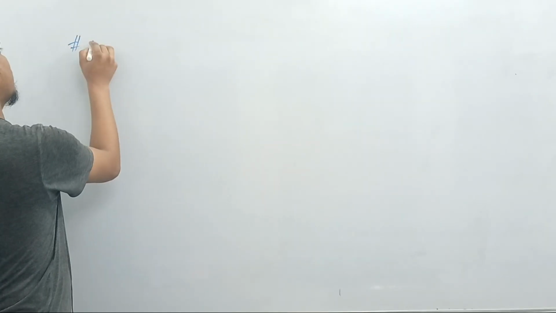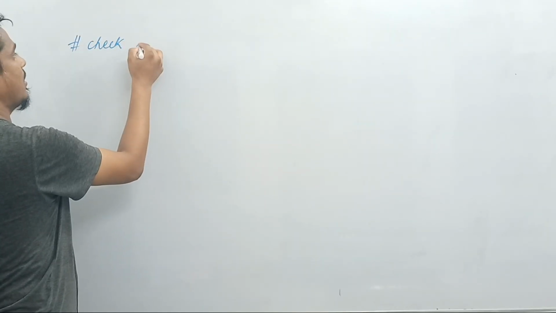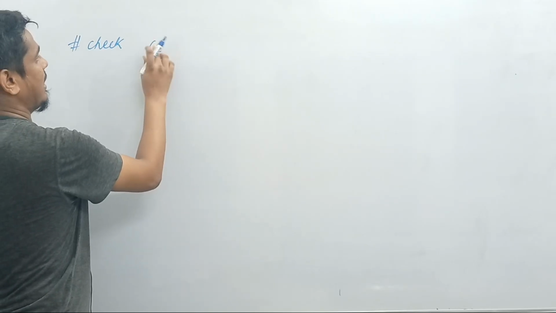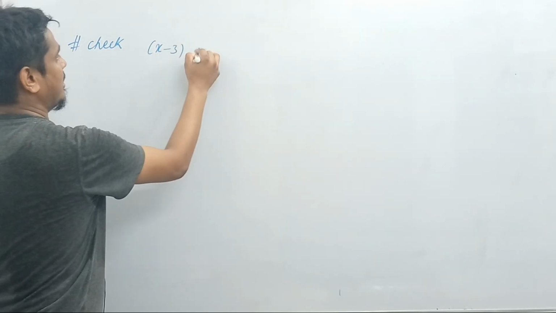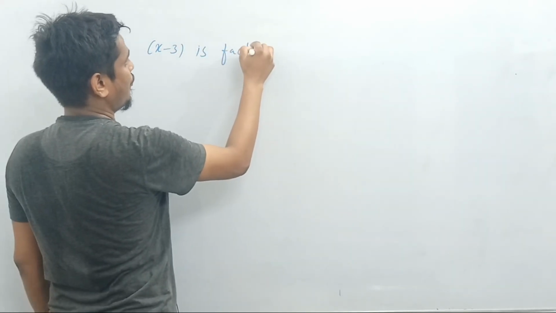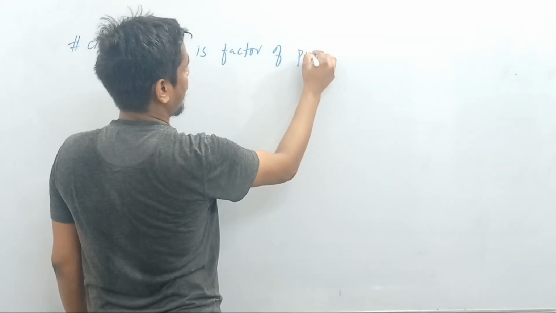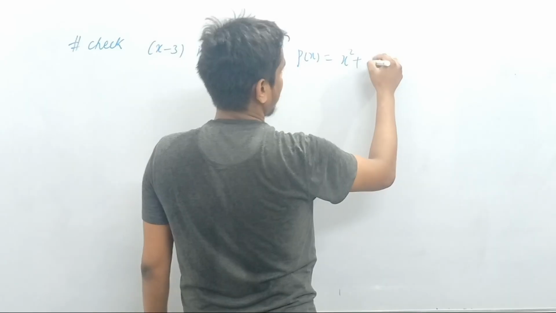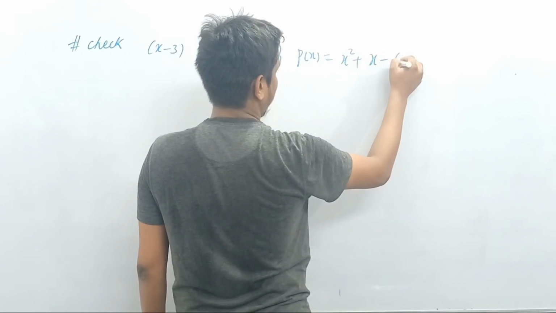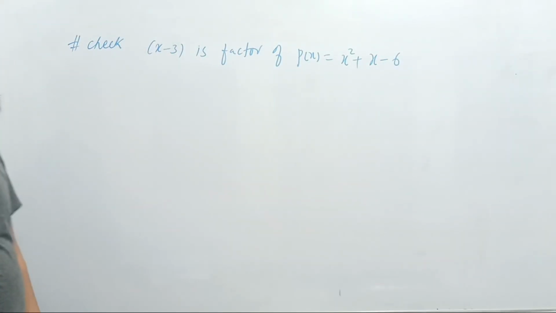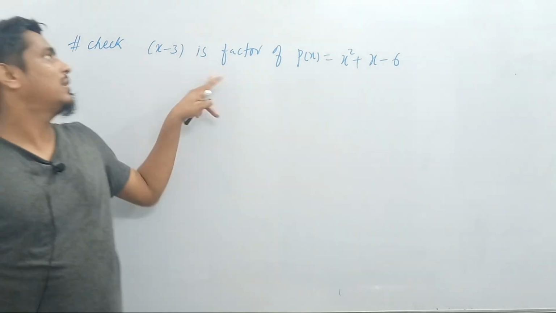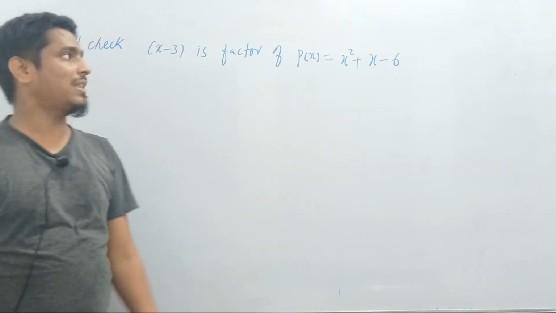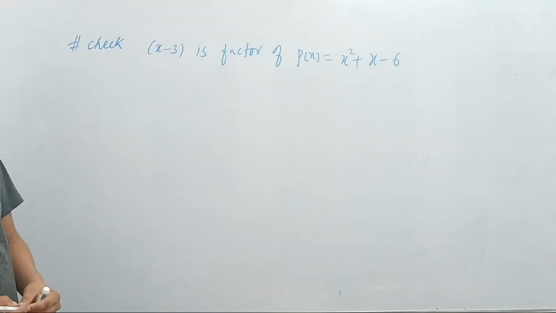The question is, check whether x minus 3 is a factor of P(x) equal to x square plus x minus 6 or not.